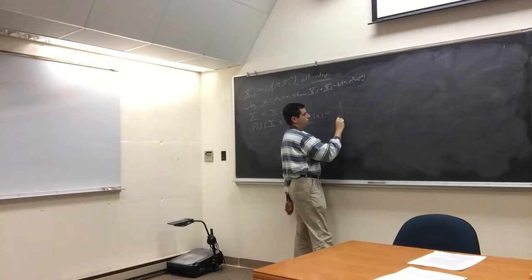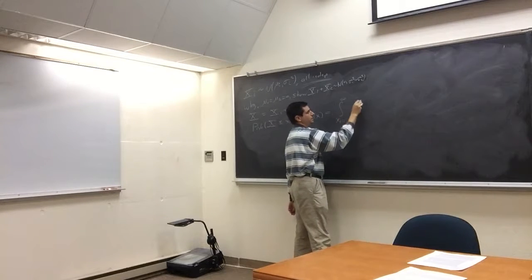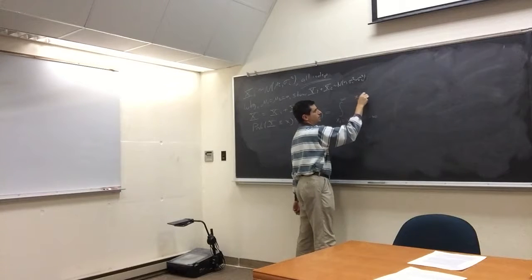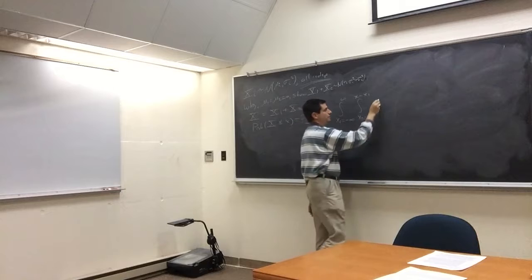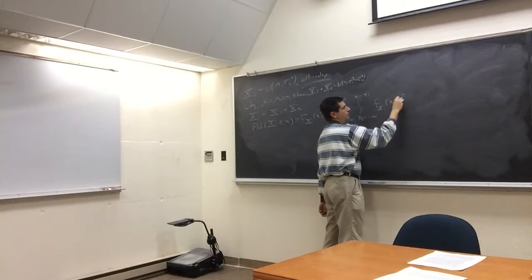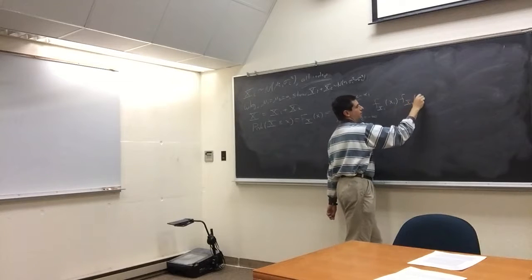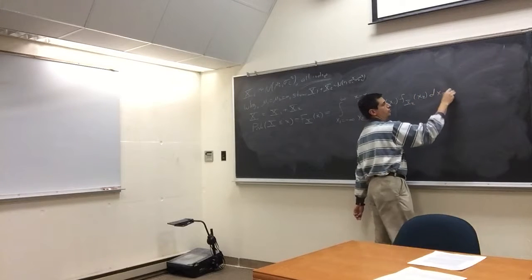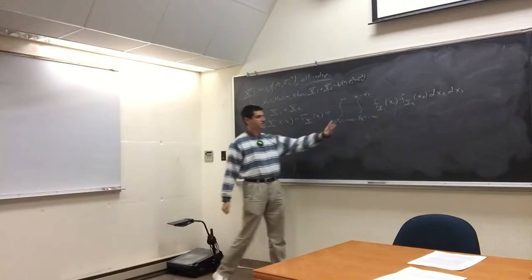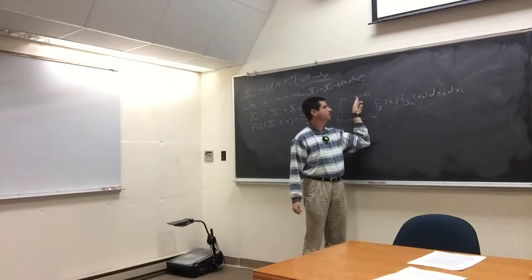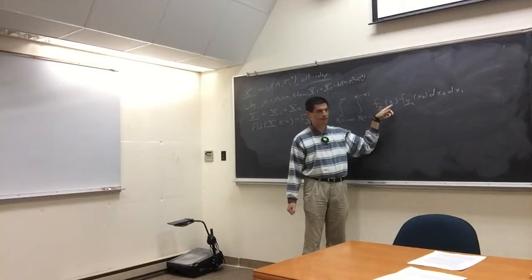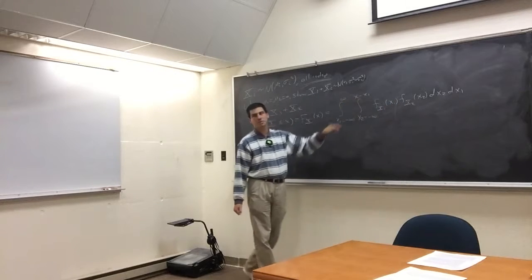So we would have x1 goes from minus infinity to infinity, x2 goes from minus infinity to x minus x1, and we would have f of x1 of x1, f of x2 of x2, dx2, dx1. So this is the probability that the sum of these two values is at most little x. Because if the first takes on the value of x1, the second can go all the way up to x minus x1.